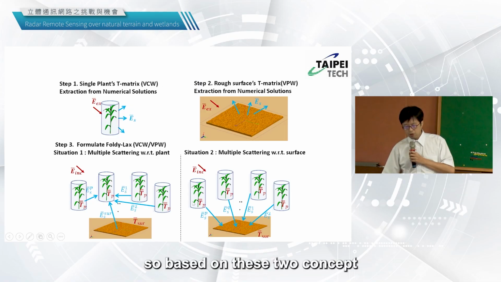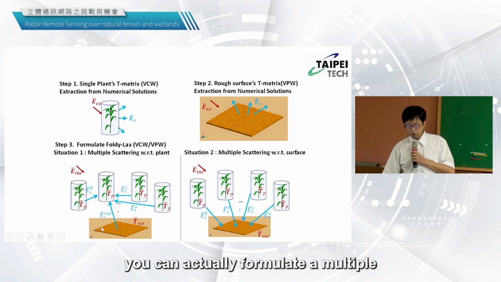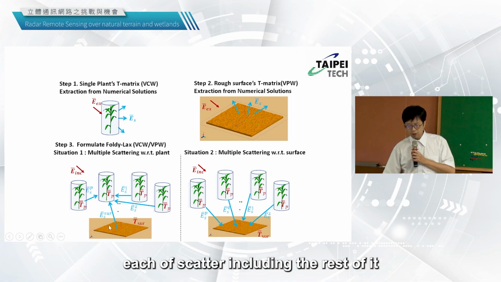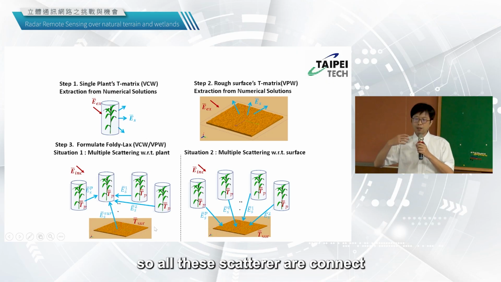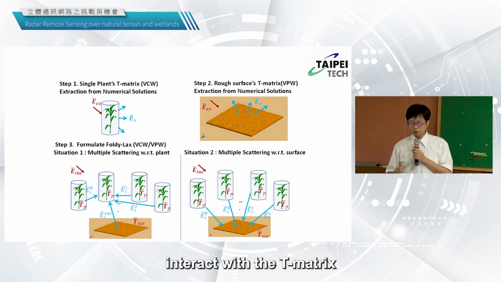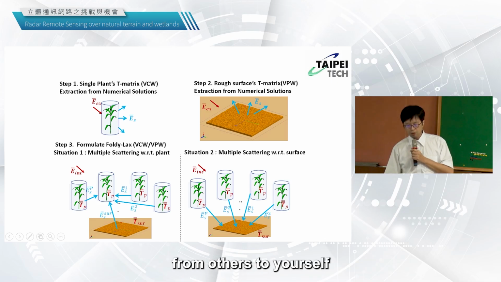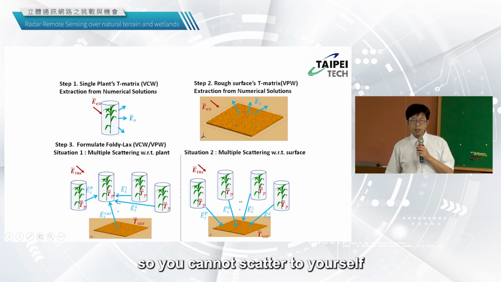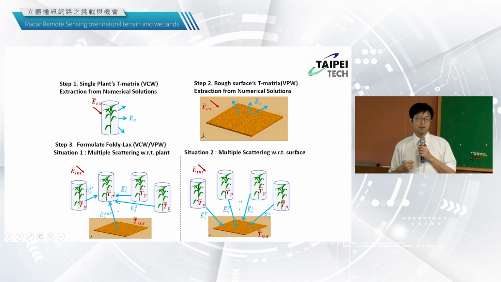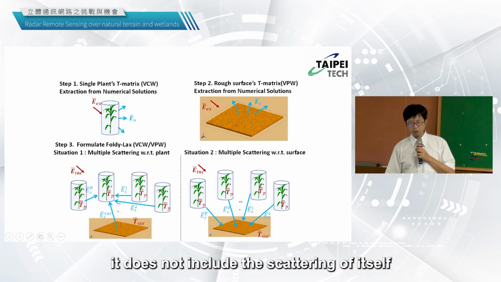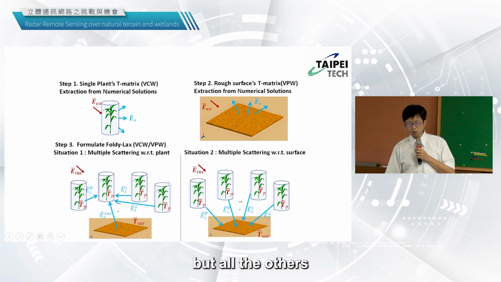Based on these two concepts, you can formulate a multiple scattering scheme. Each scatterer, including the rough surface, is represented by a T-matrix, and all these scatterers interact through the T-matrix. You just need to formulate the contributions from the others to yourself. You cannot scatter to yourself, so when you consider the subject, it does not include its own scattering, but all the others.